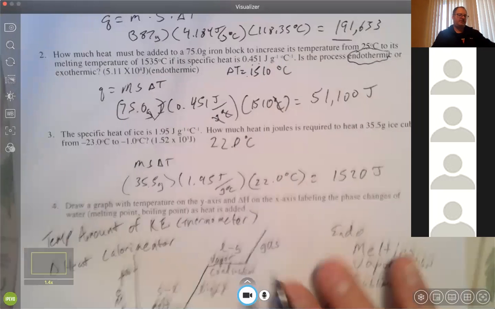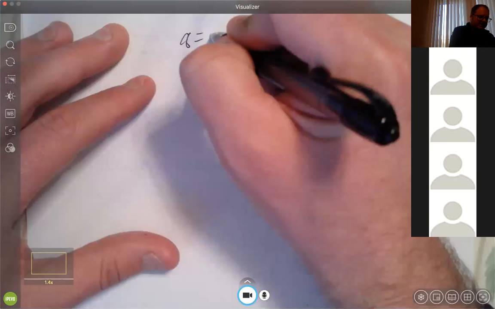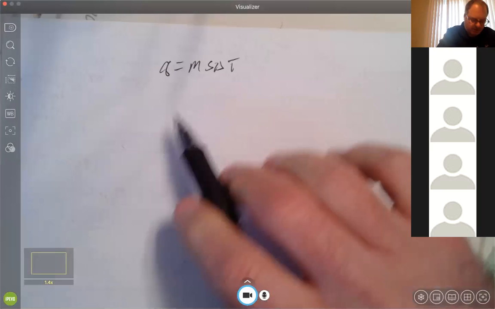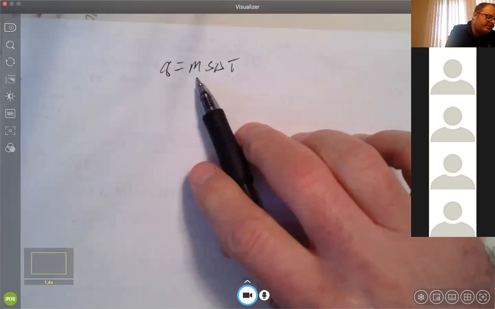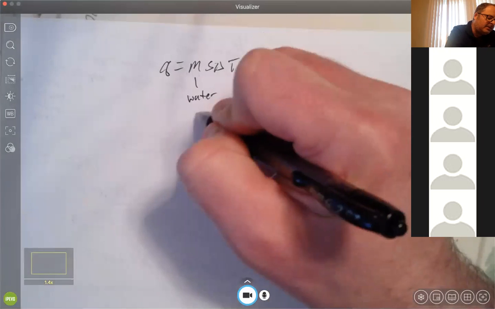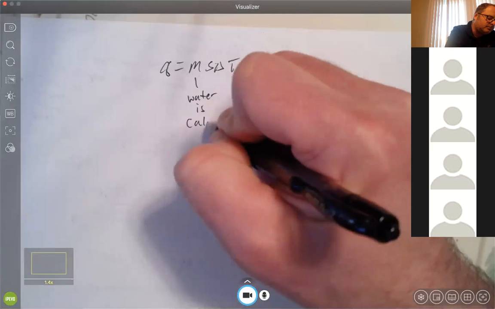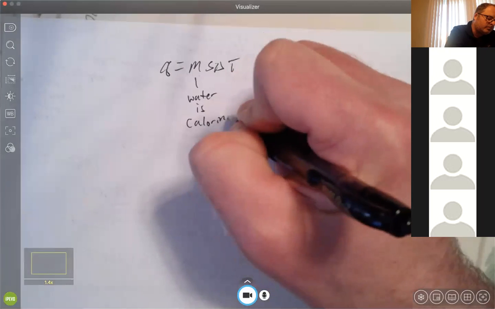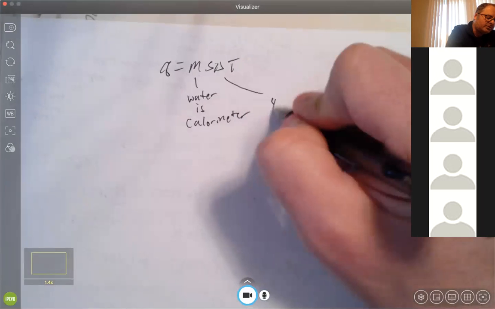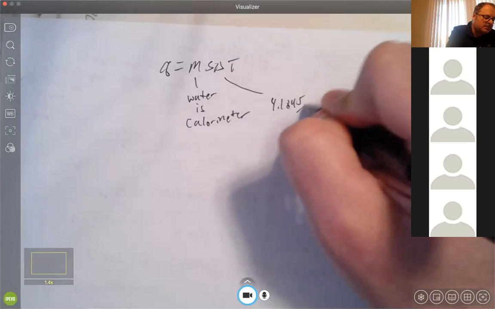Now, we know the formula is Q equals m s delta T. So for your laboratory, you knew the mass of the water in the calorimeter cup. The specific heat of water is 4.184 joules per gram degree Celsius.